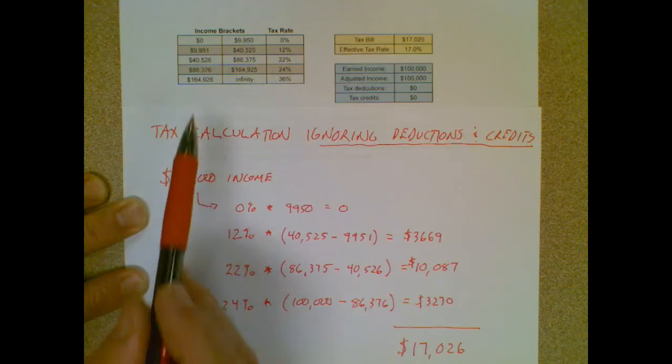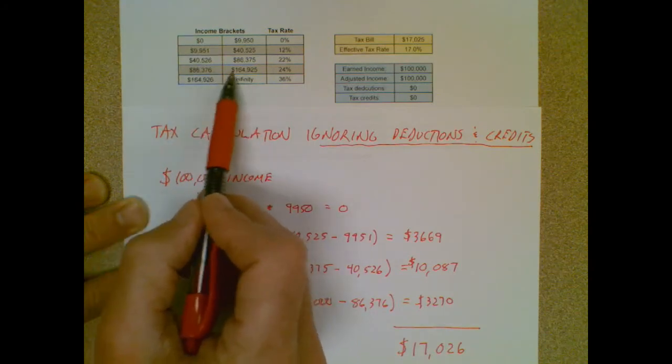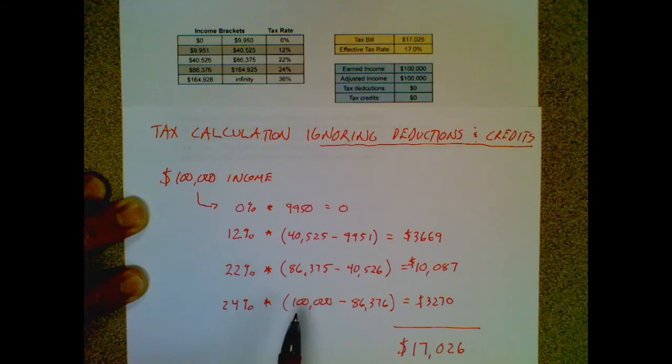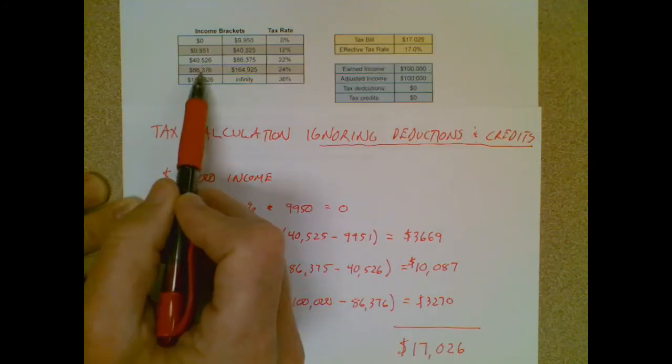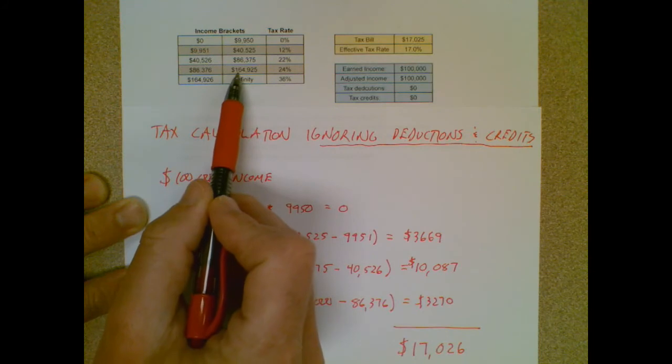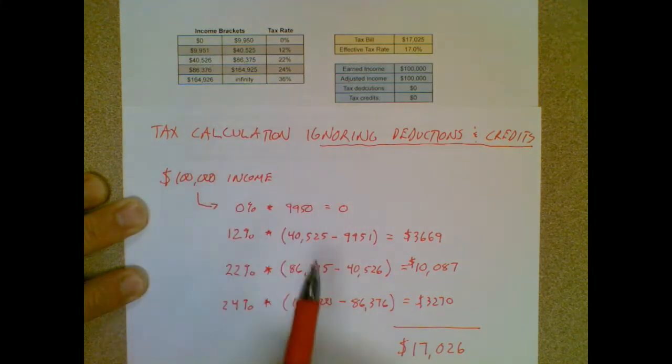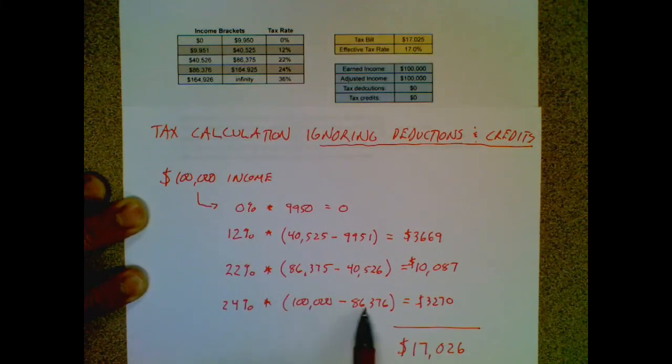Well, I made $100,000, so now I go on to this range, and all the dollars earned from $86,376 up to $100,000, because I didn't get up to $164,000, are taxed at 24%, giving me this amount.